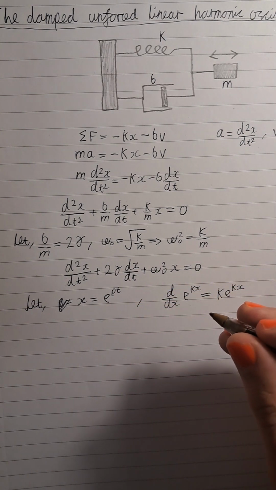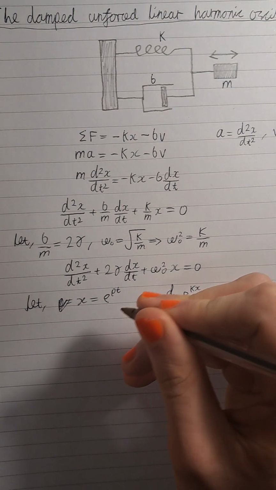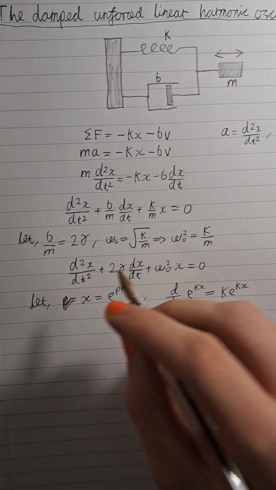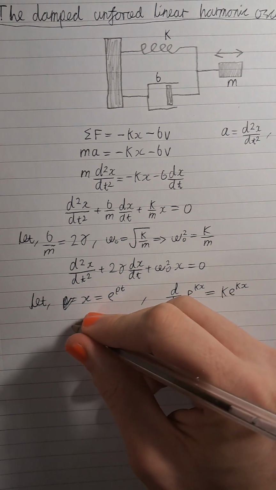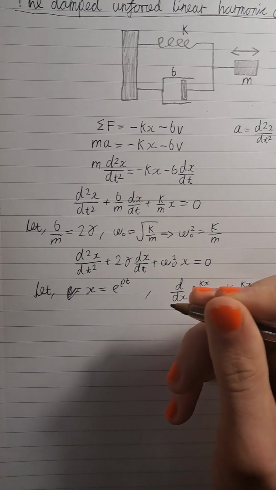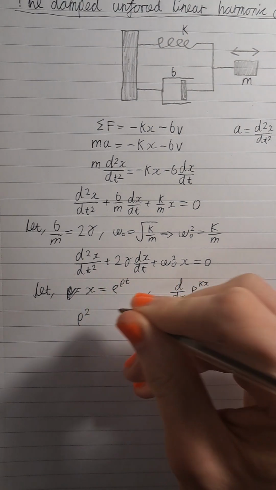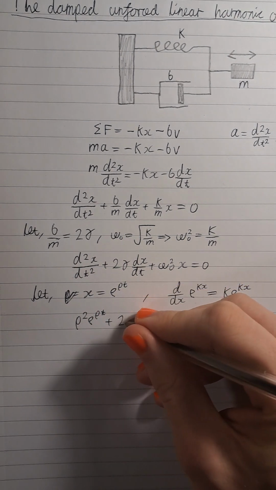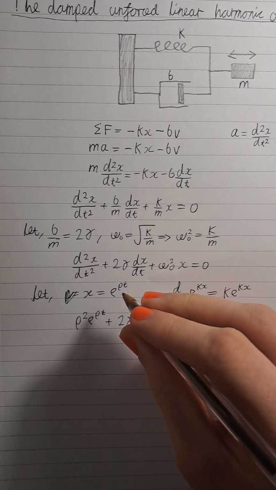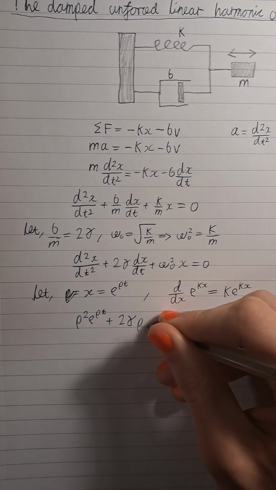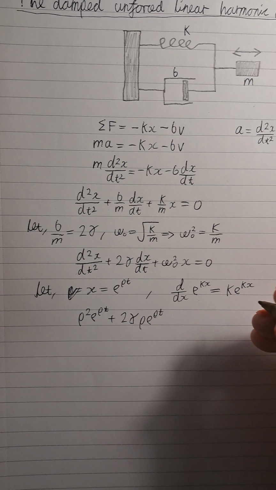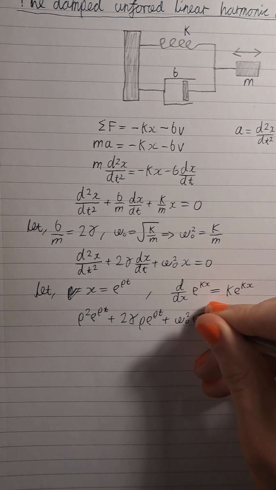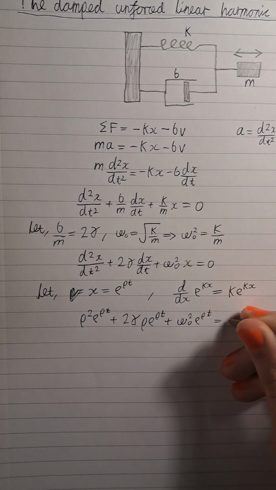And this means that d2x over dt squared is going to be equal to p squared e to the pt, add 2 gamma, and then we've just got p e to the pt there, and then we add omega squared e to the pt, and that's going to be equal to 0.